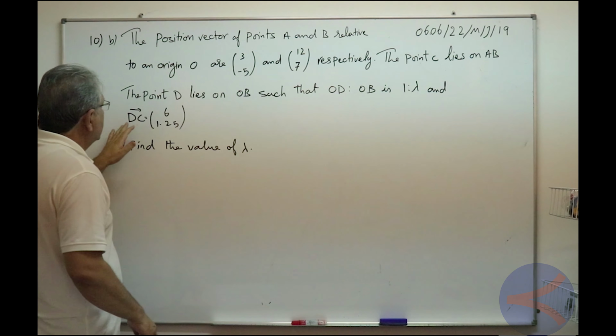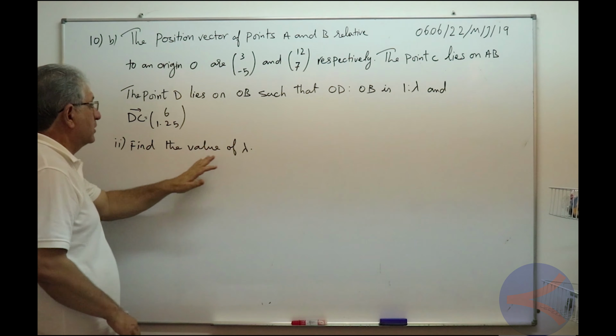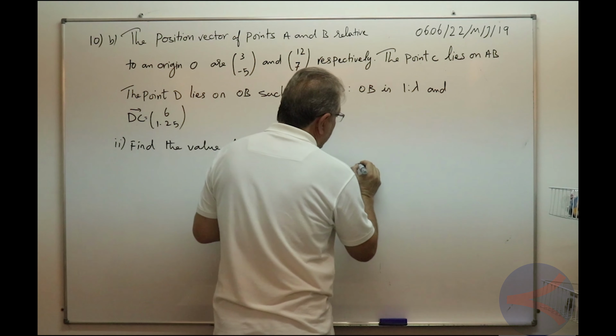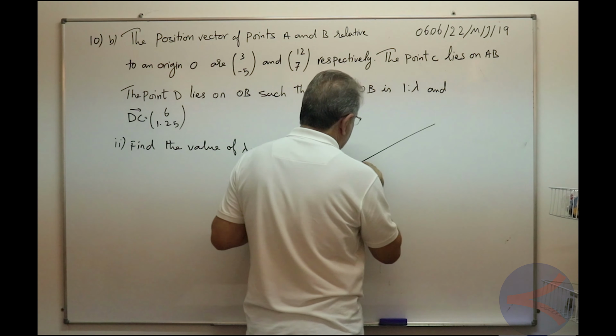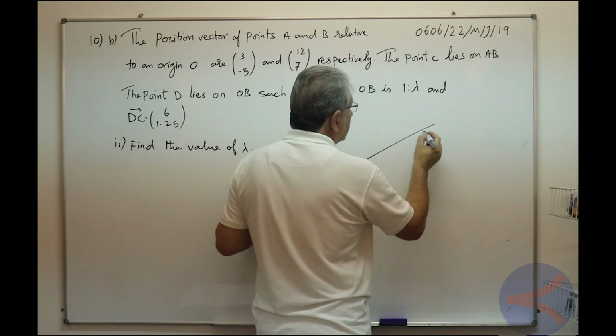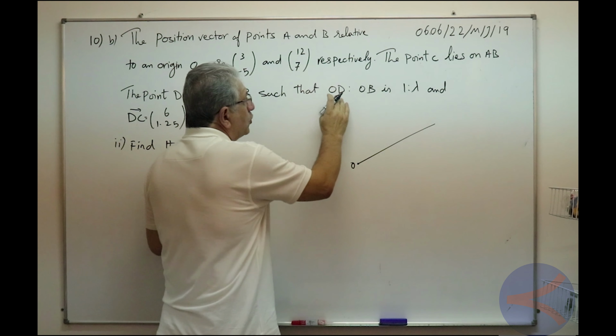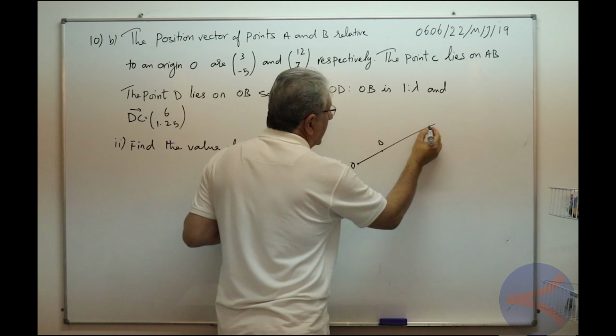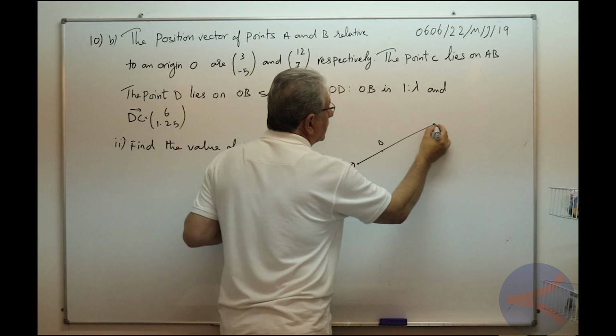And then this is this much, then he's asking us to find lambda. Let us draw the graph. Suppose O is here. And then OB to OD is 1 to lambda. Suppose D is here and then B is here.